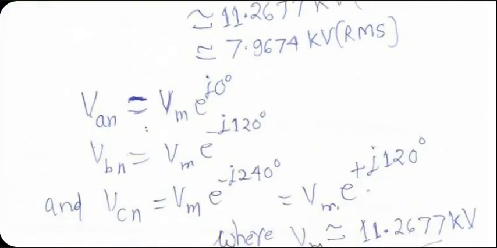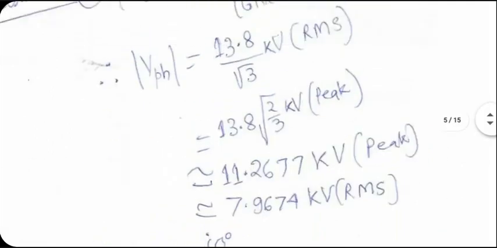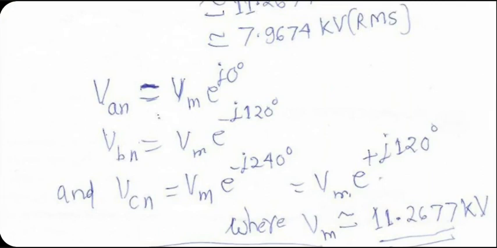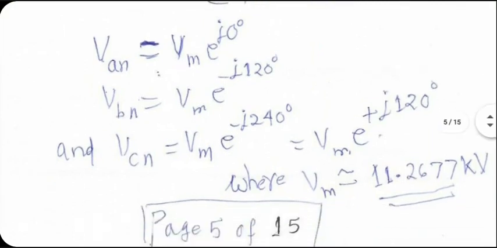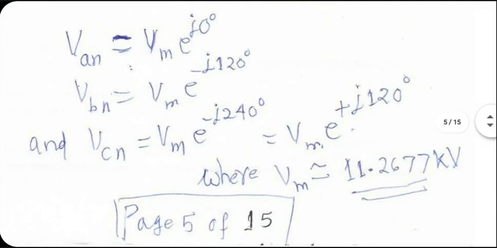Now VAN, if you write peak value, then it will be Vm e to the power j0. It's positive phase sequence anyway. So these are the three famous expressions for positive sequence. Vm, if I want to go back to peak value, then Vm should be 11.2677 kilovolt. Yeah, that's what it's written here. VBN will be the same thing as VAN, but a phase shift of minus 120 degree will come in.